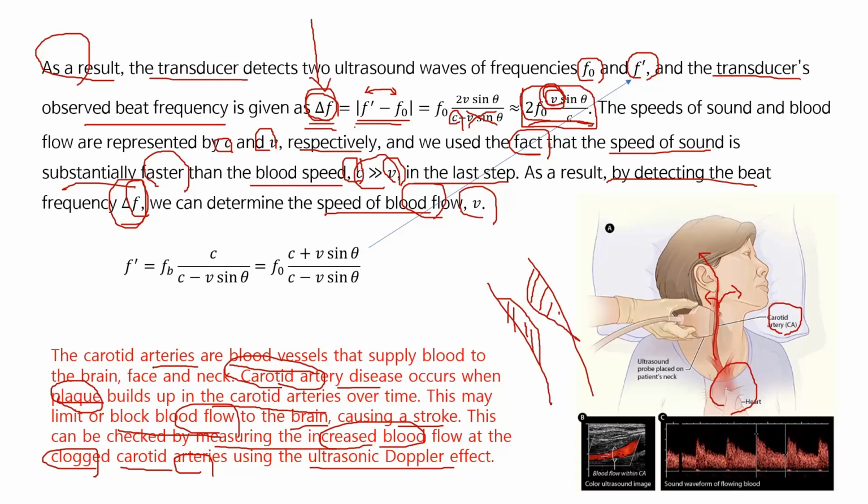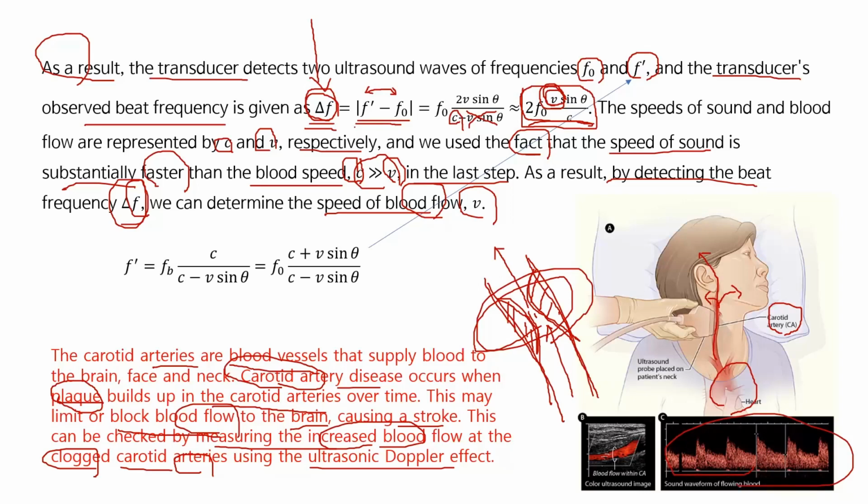So plaque is formed at the wall of the arteries. The speed of blood flow is very fast at this position. So we can measure the speed of the blood flow, and then we can see this kind of signal.